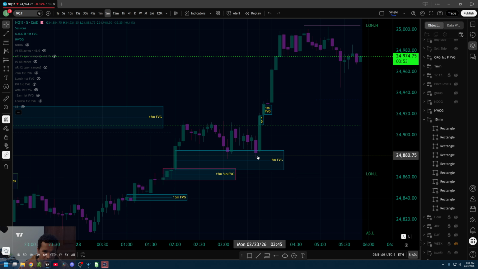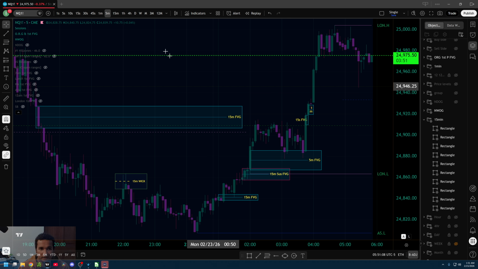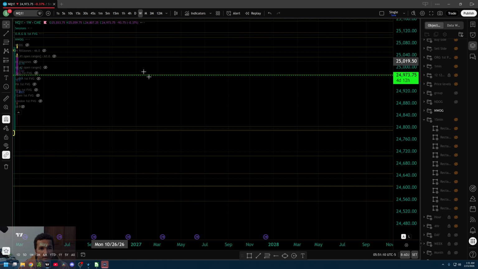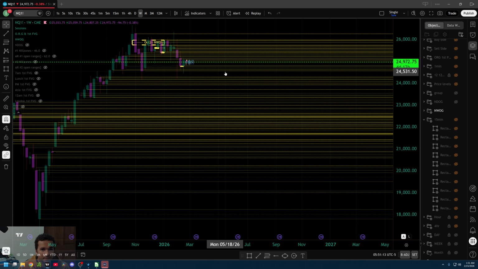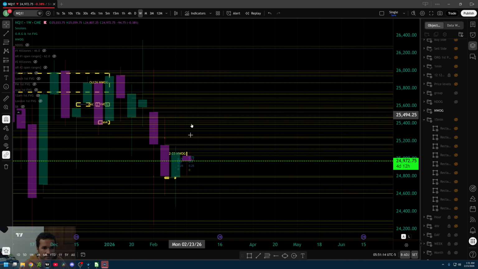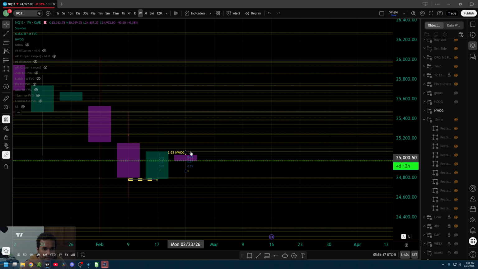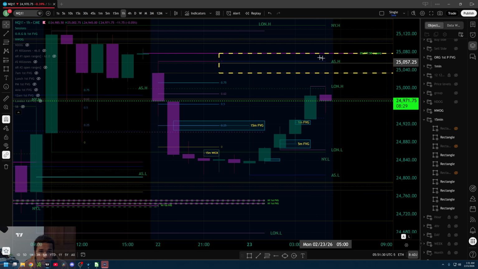You could enter long here using the new week opening gap, draw up here, as your reason to go long off of this fair value gap. Look for it to draw up towards that price level.